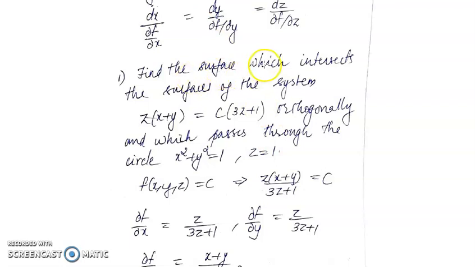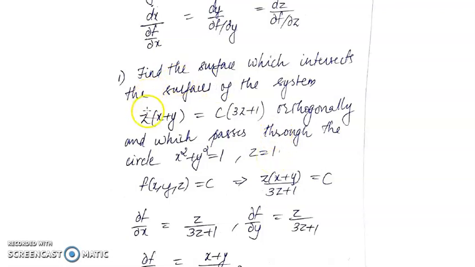Find the surface which intersects the surfaces of the system z into x plus y equal to c into 3z plus 1 orthogonally, and which passes through the circle x square plus y square equal to 1 and z equal to 1.